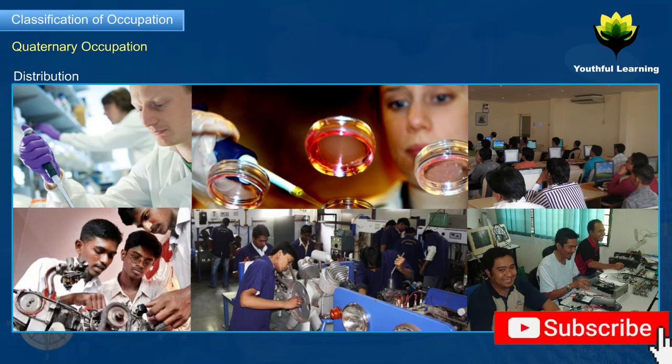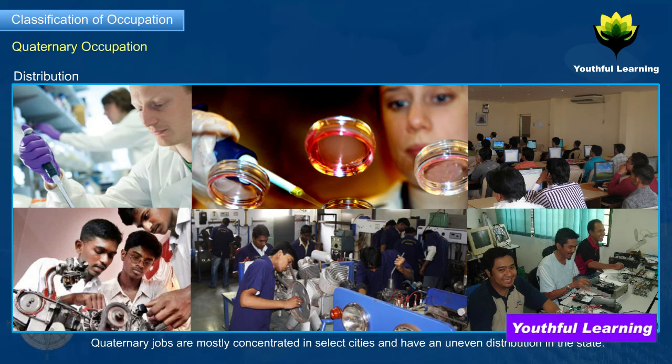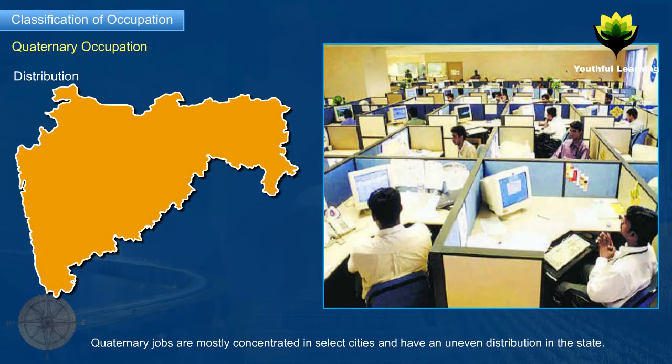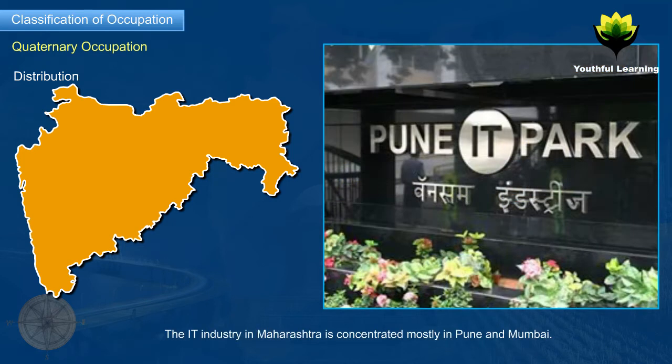Distribution. Quaternary jobs are mostly concentrated in select cities and have an uneven distribution in the state. The IT industry in Maharashtra is concentrated mostly in Pune and Mumbai.